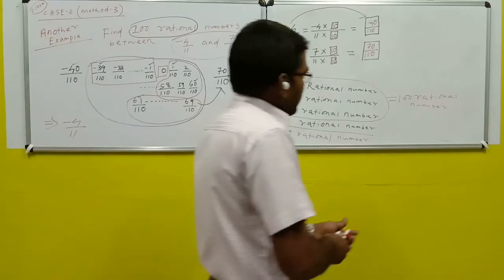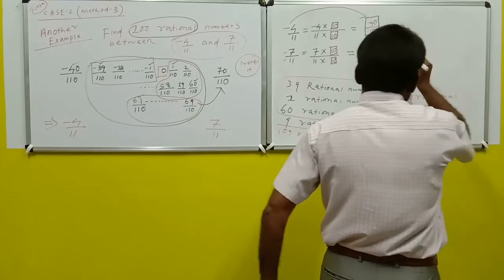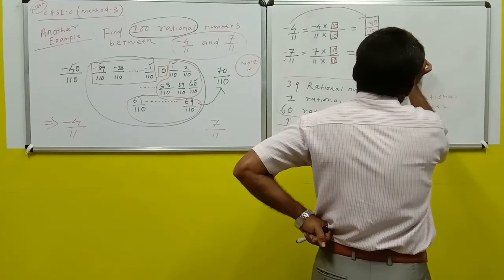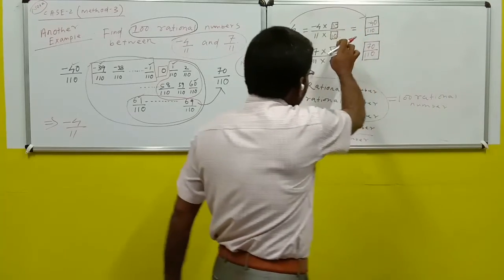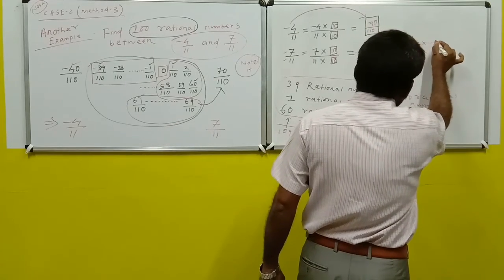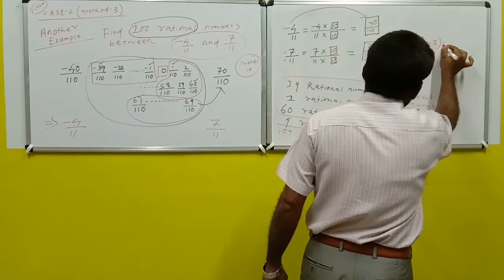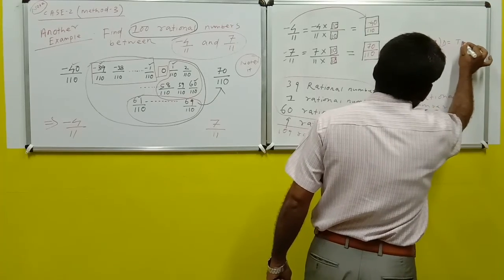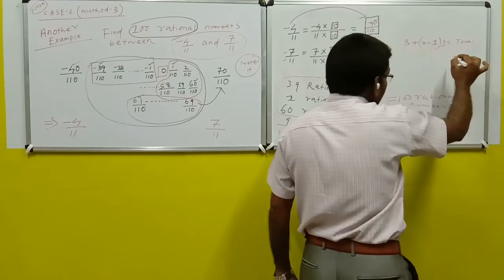Students, this formula that I told you, the formula to find out the suitable number, b plus x minus 1 into d equal to total number of rational numbers you require to find out.